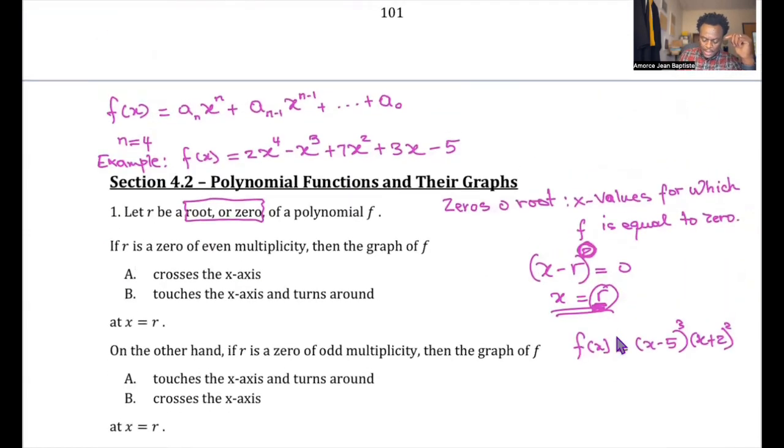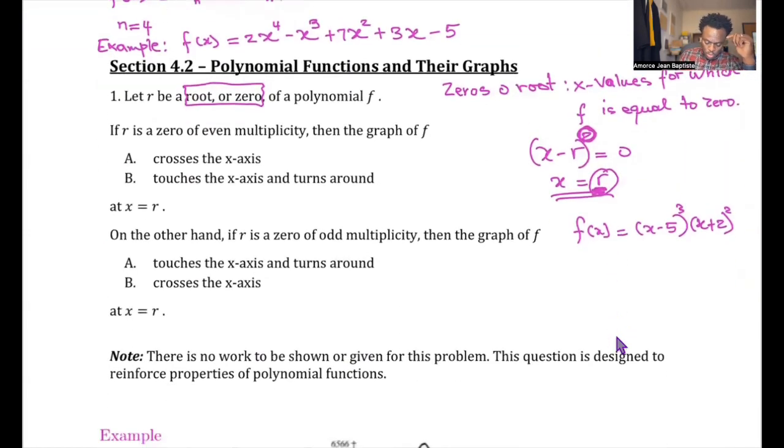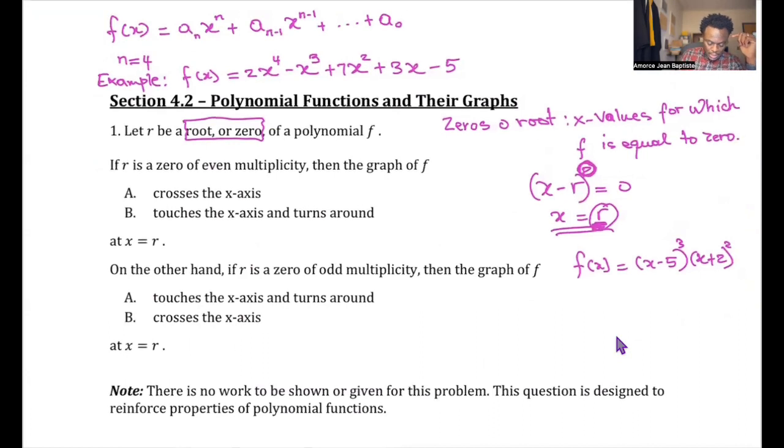When we have a zero, that is a zero, if r is a zero of even multiplicity like this one, then what is the effect on the graph of the function?